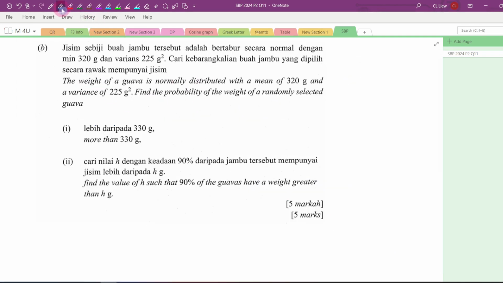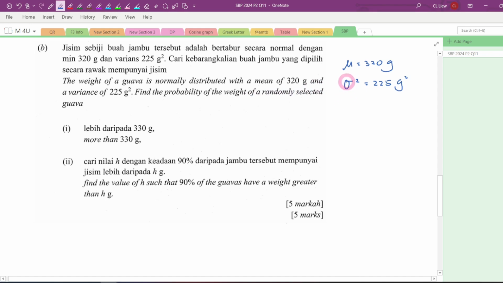Let's look at part B. The weight of a guava is normally distributed, okay, this is a normal distribution question, with a mean of 320 grams and a variance of 225 grams squared. Find the probability of the weight of a randomly selected guava.